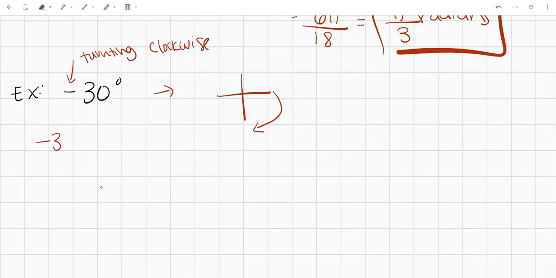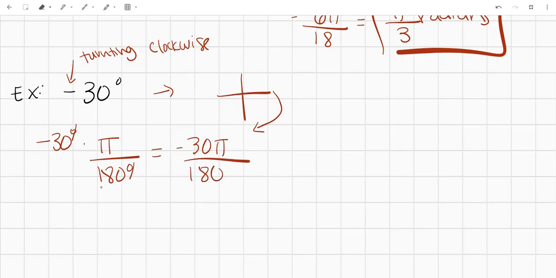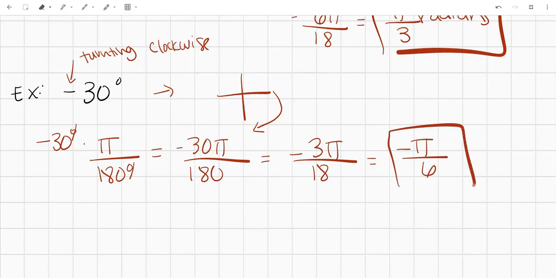So again, multiplying negative 30 degrees times pi over 180 degrees, my degrees cancel, giving me negative 30 pi over 180. I can simplify to negative 3 pi over 18, which I can simplify to negative pi over 6 radians. Don't forget your units.